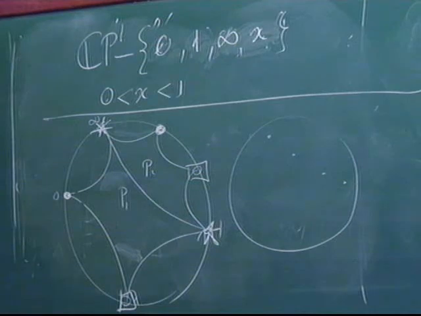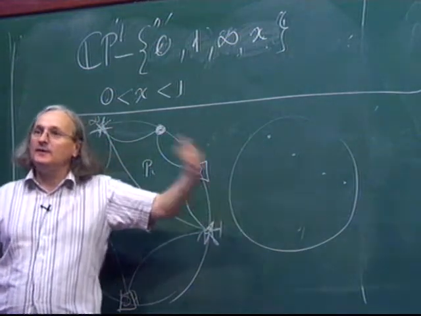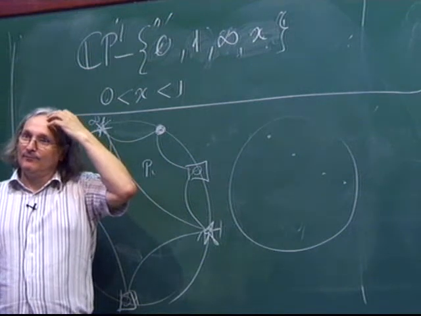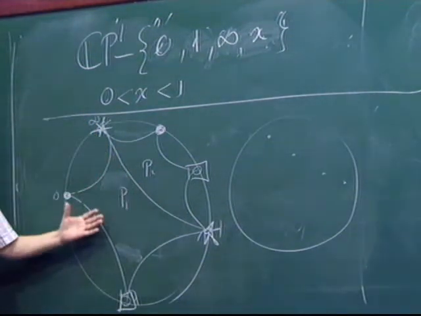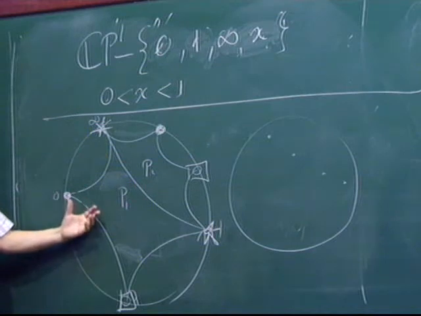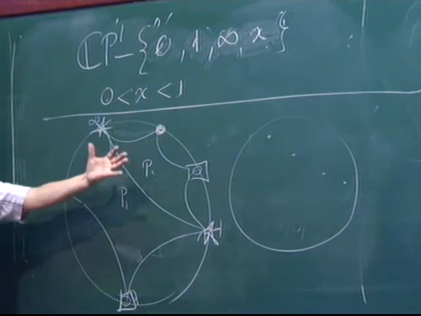Now, is it clear to you that the 4 points that we get on the sphere are real? If we play this game, you construct 4 points on the sphere.